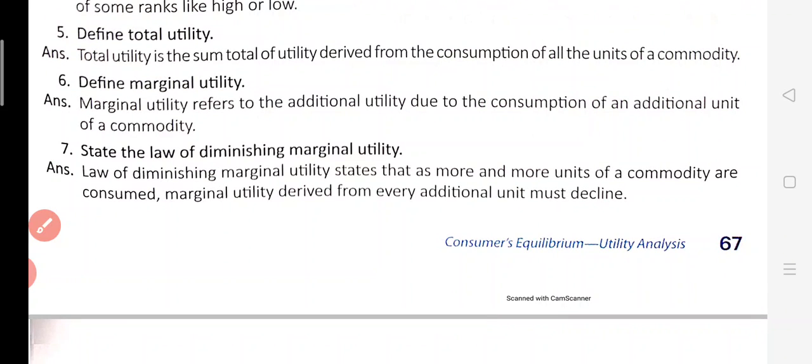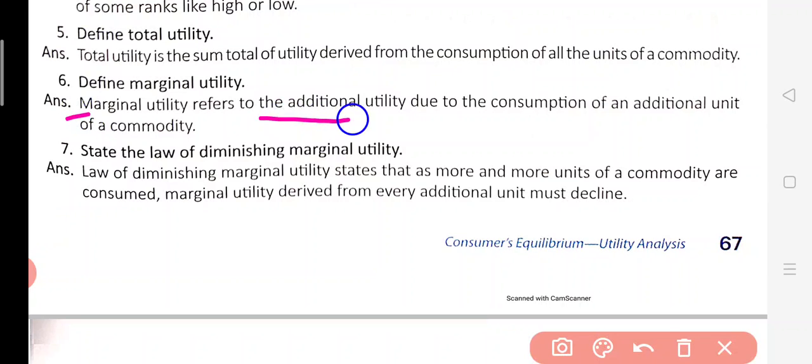Now what is marginal utility? It refers to the additional utility due to the consumption of an additional unit of a commodity. When you are consuming one additional unit of a commodity, it will provide you some kind of satisfaction. Like in the previous example, at the first unit it was 10, then at the second unit it was 8.